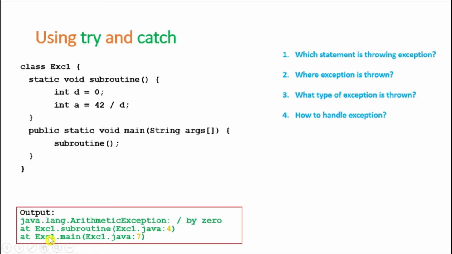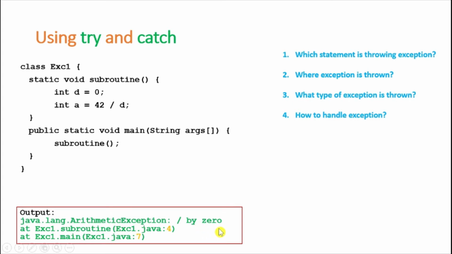At line number 7, main method, which is present in class exe1, is calling subroutine method, and this subroutine method, which is present in class exe1, is throwing exception at line number 4, and the exception thrown is arithmetic exception, and division by 0 describes why arithmetic exception has occurred, that is due to division by 0.